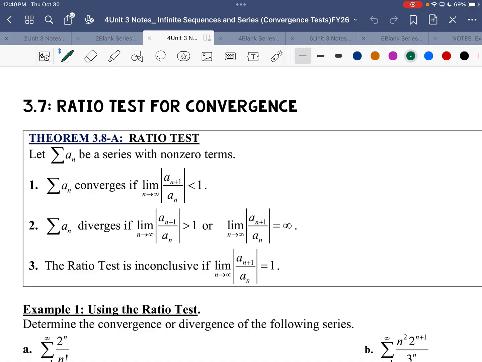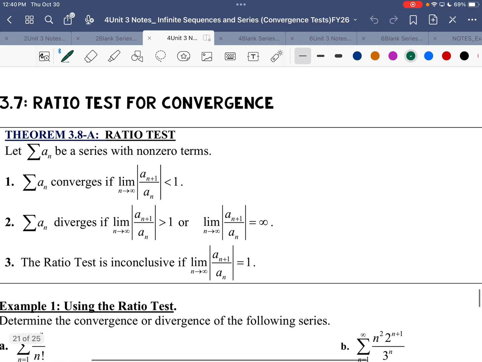All right, so ratio test. The ratio test is pretty useful when we have a factorial, something like n or n plus 1 factorial.